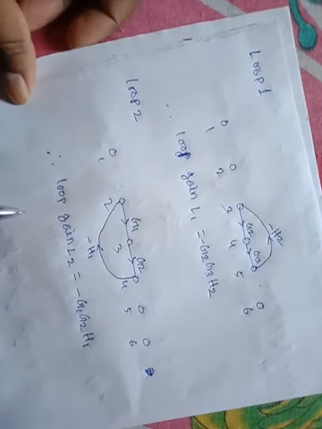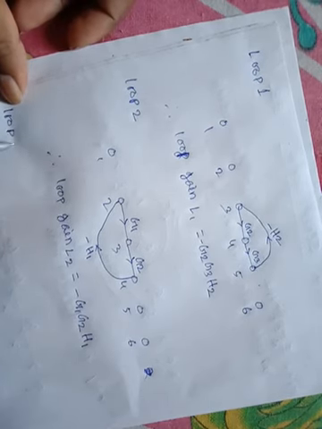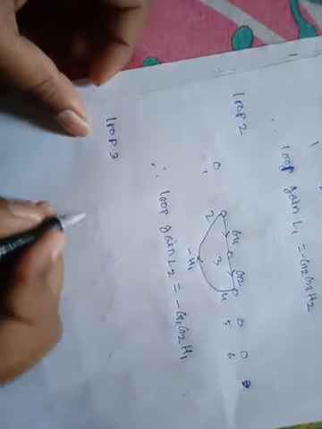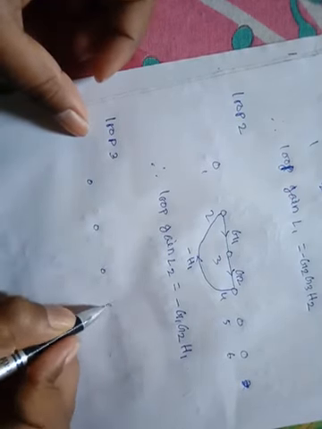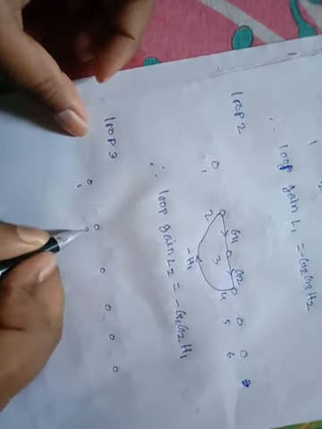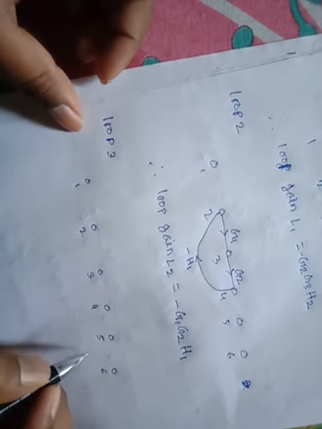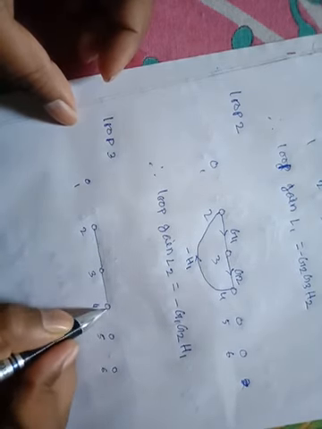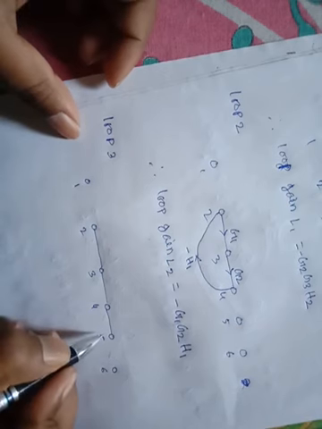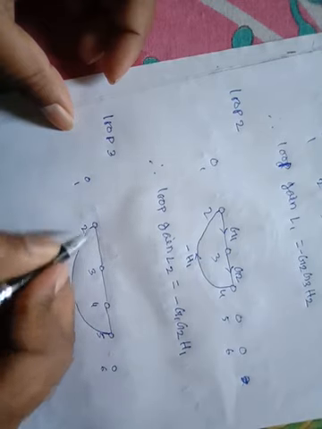Last, loop 3: 2, 3, 3 to 4 and 3 to 5. The feedback path is connected to node 2.